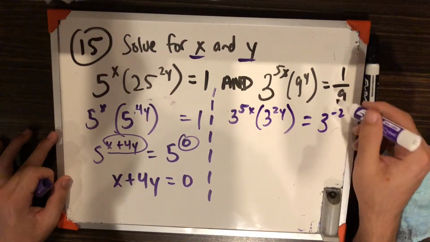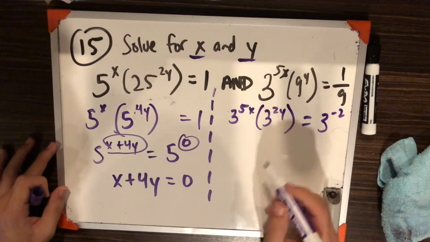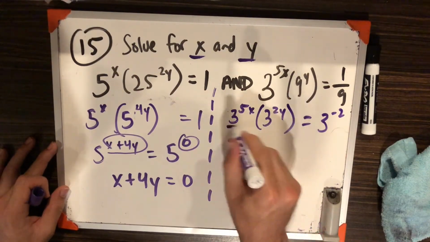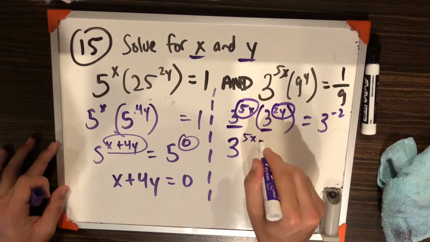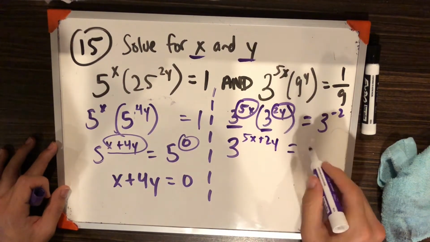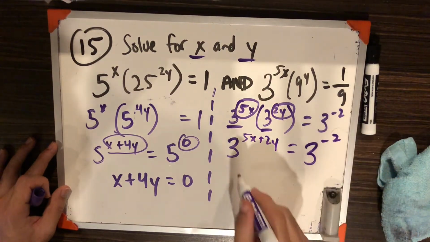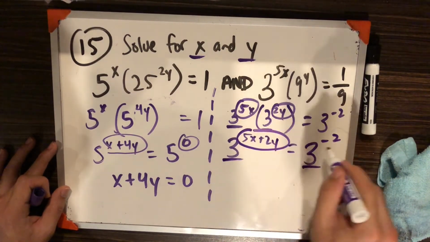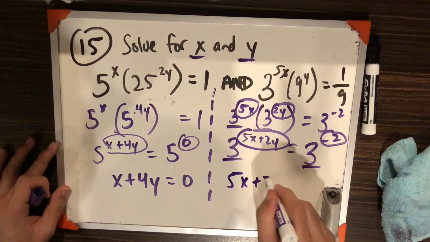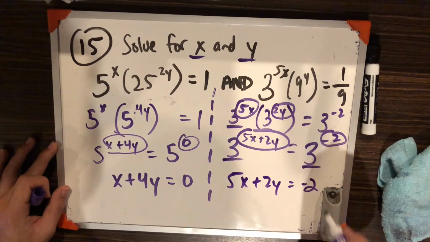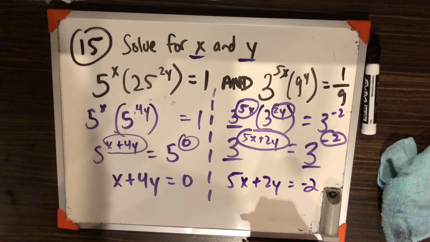Again, they mean the same thing. I'm just rewriting it so I can have the same base. 3, again, same base. I can add the exponents. So 3 to the 5x plus 2y is equal to 3 to the negative 2 power. Same base, I can set these exponents equal to each other. So 5x plus 2y is equal to negative 2.